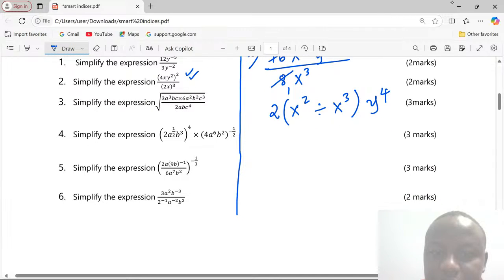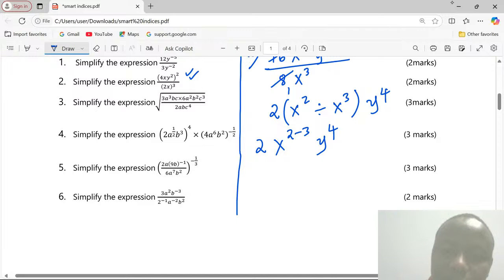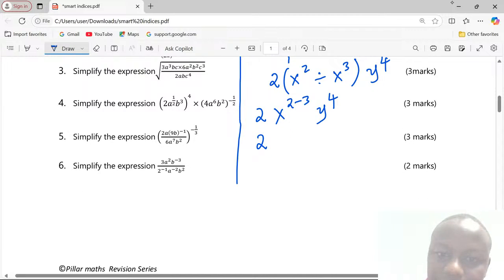So we have 2, x to the 2 minus 3, then y power 4. This will be 2, then x raised to power negative 1, and y to power 4.